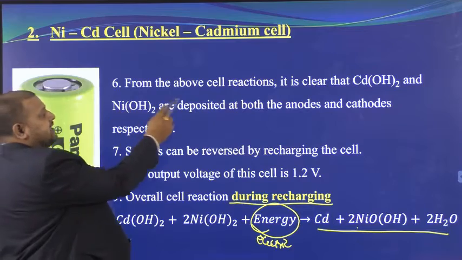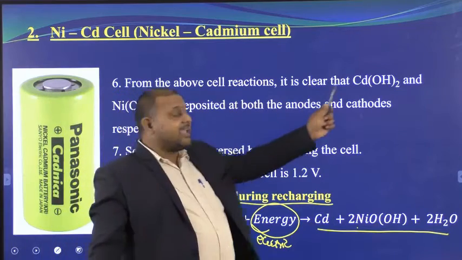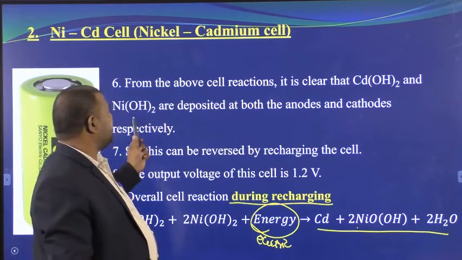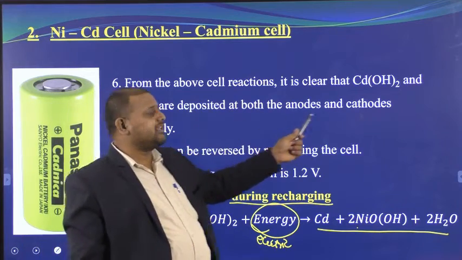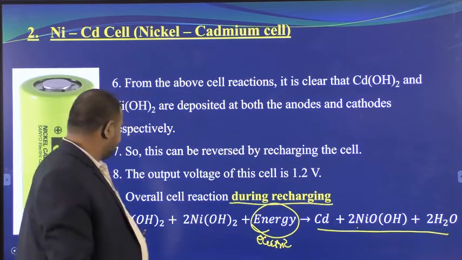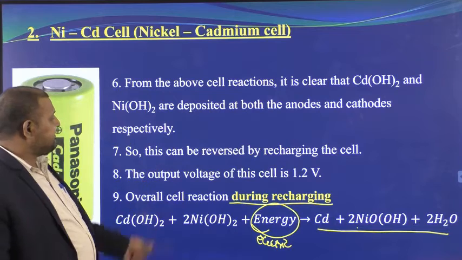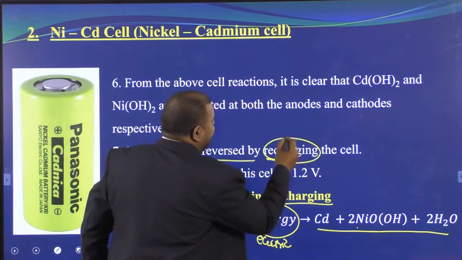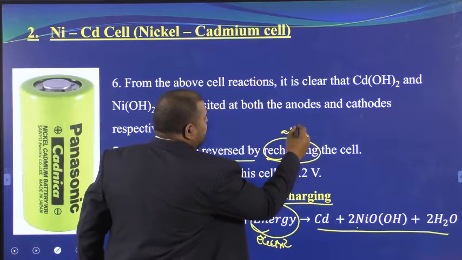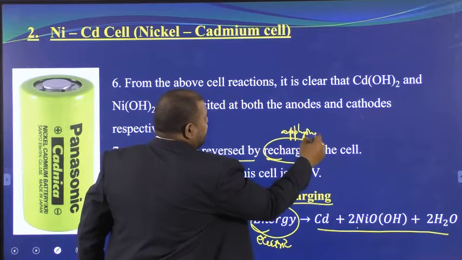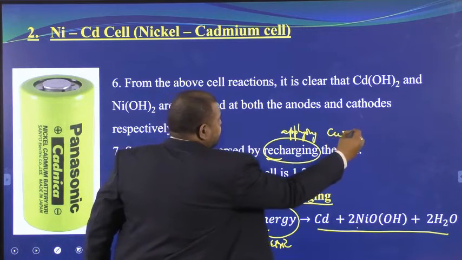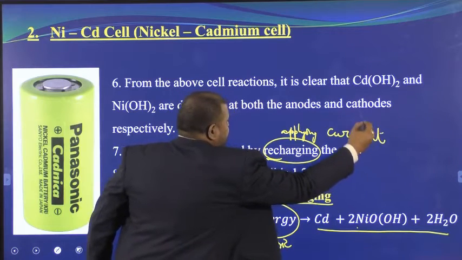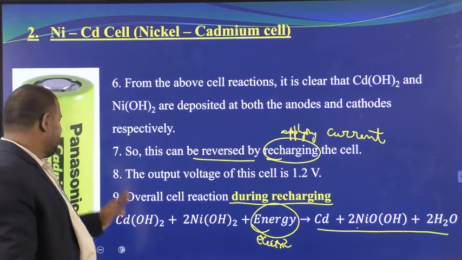From the above cell reactions, it is very clear that cadmium hydroxide and nickel hydroxide are deposited at the anode and cathode, right? That is clear. This is reversed by recharging. Recharging means applying current, so you have to put it in charging, right? Applying a current. Use current and you will get it.